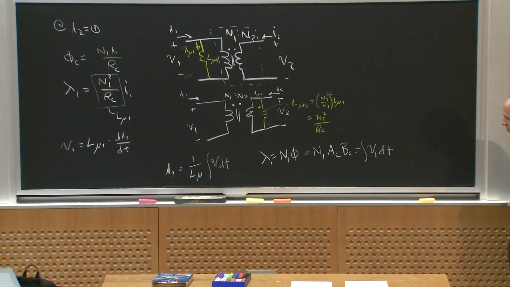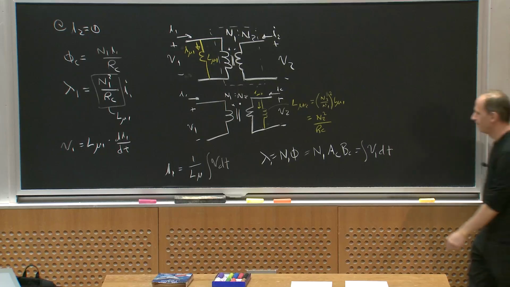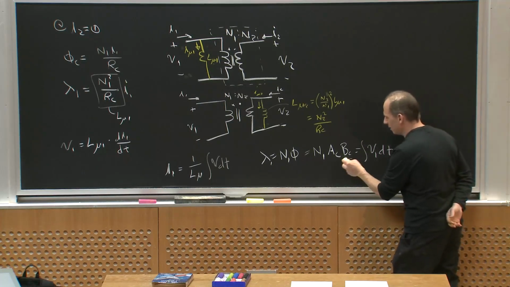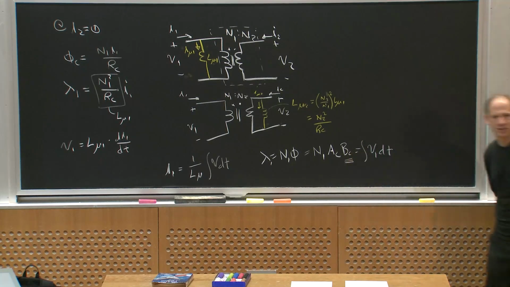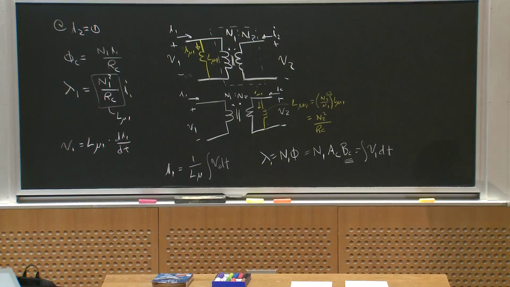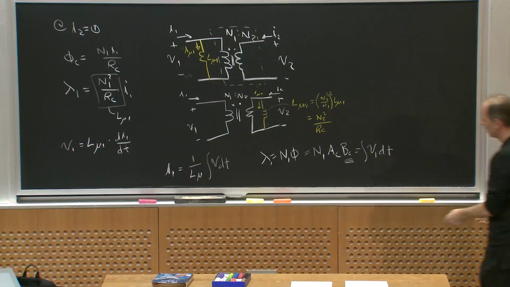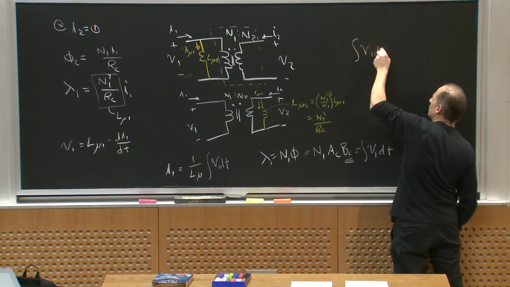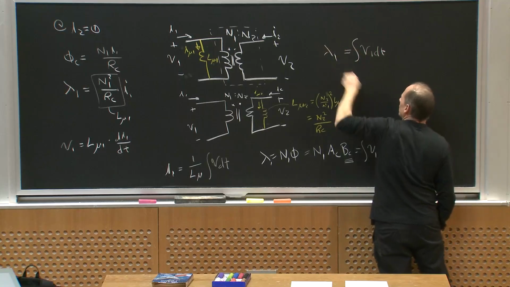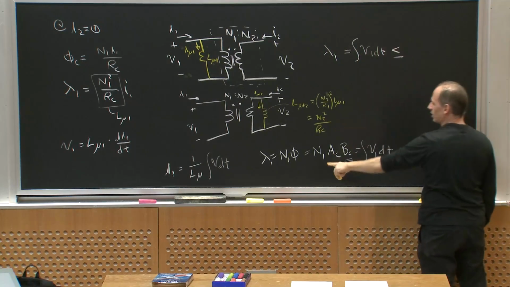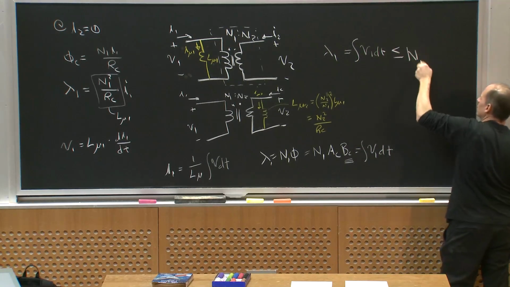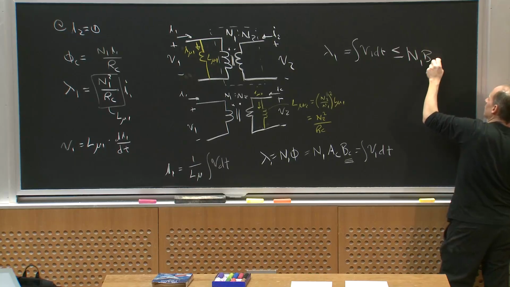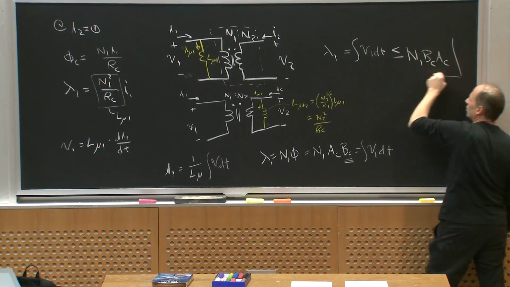This means that if I have a saturation flux density limit on my core, B core has to be less than B sat, or it saturates and, as somebody said, shorts out. What I need is the integral of V1 dt to be less than or equal to N1 times B core times the area of the core.